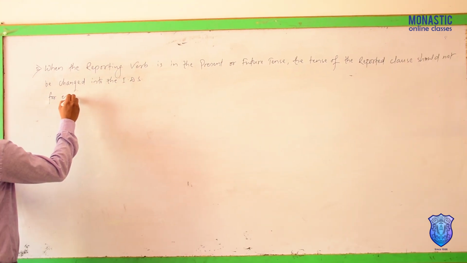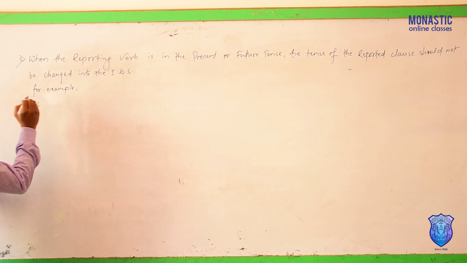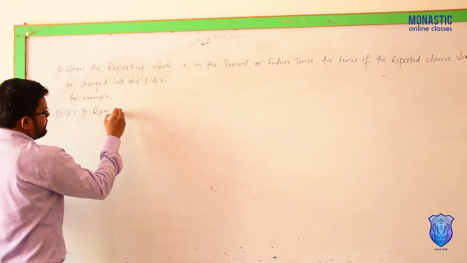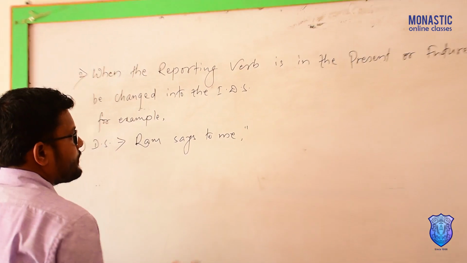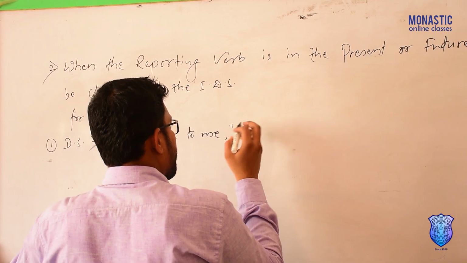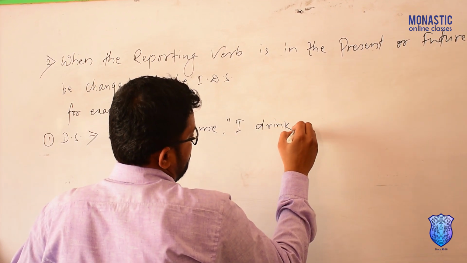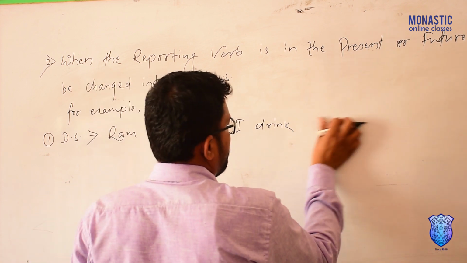For example, you have already got one, I'm going to give you another example. Ram says to me, I drink milk.